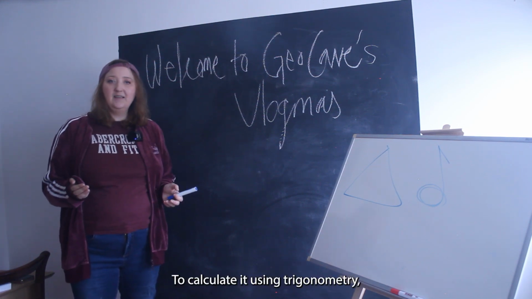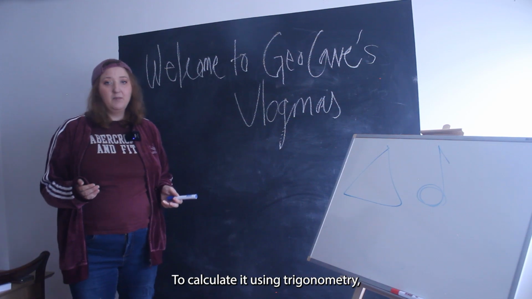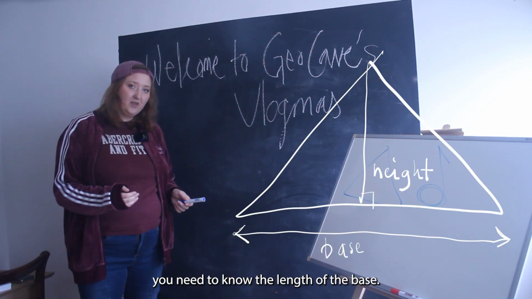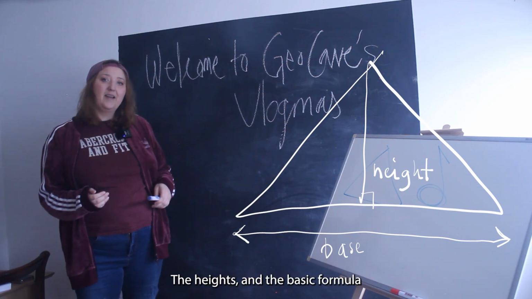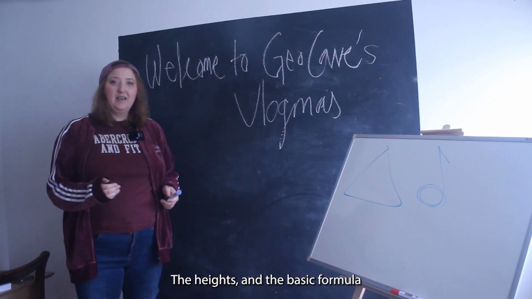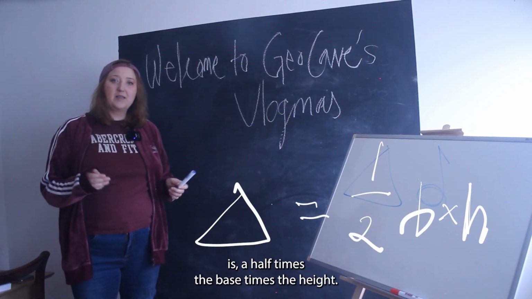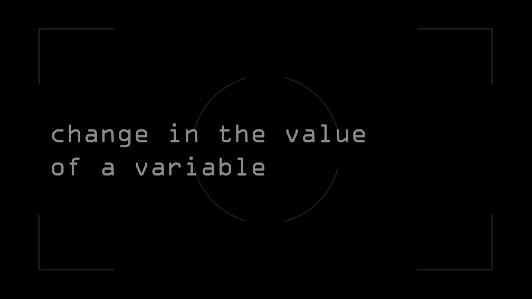To calculate it using trigonometry, you need to know the length of the base and the height. And the basic formula is a half times the base times the height.